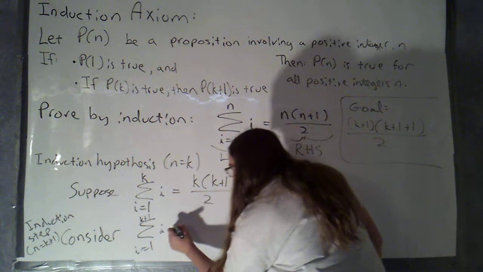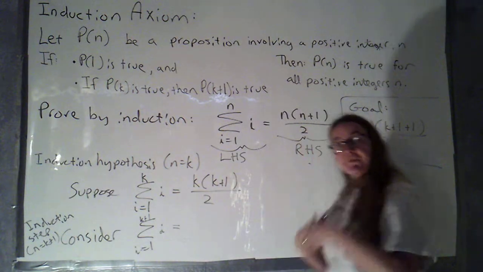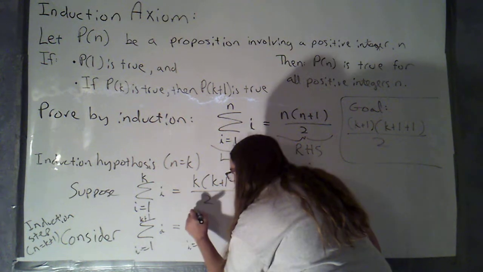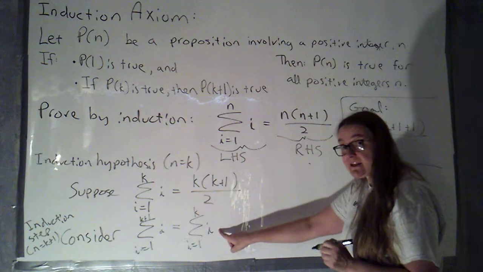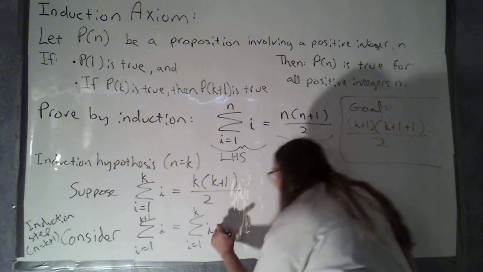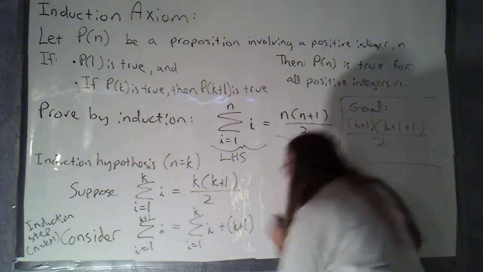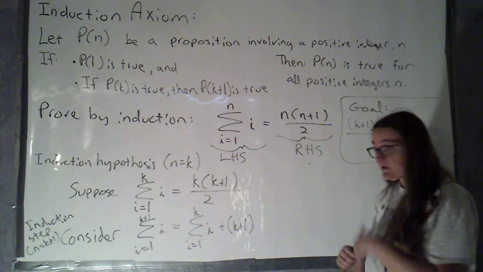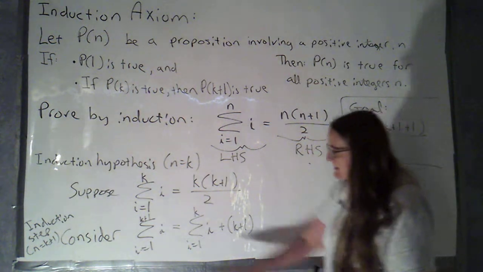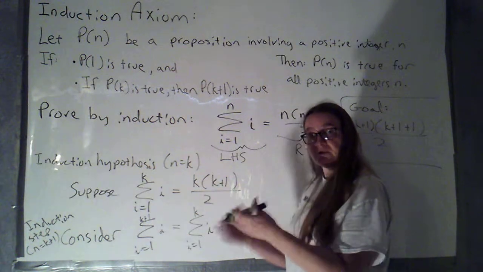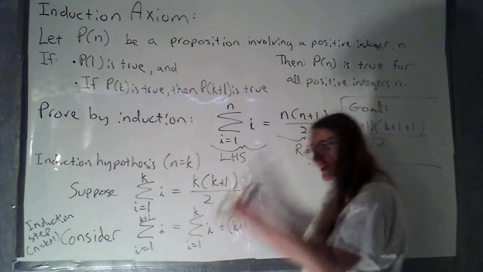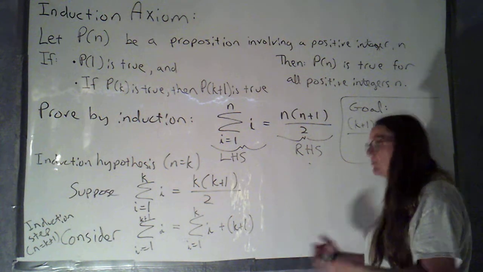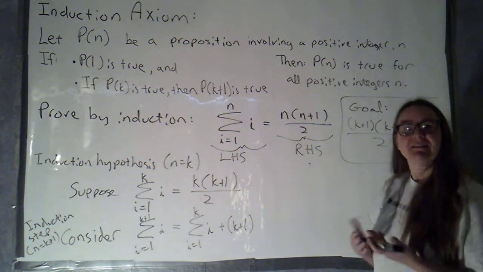So I'm going to observe that the sum of the first k plus 1 integers is just the sum of the first k integers plus 1 more. For example, if k was 5, so k plus 1 was 6, the sum of the first 6 integers, 1 plus 2 plus 3 plus 4 plus 5 plus 6, would be the sum of the first 5, 1 plus 2 plus 3 plus 4 plus 5, plus the last one, 6.